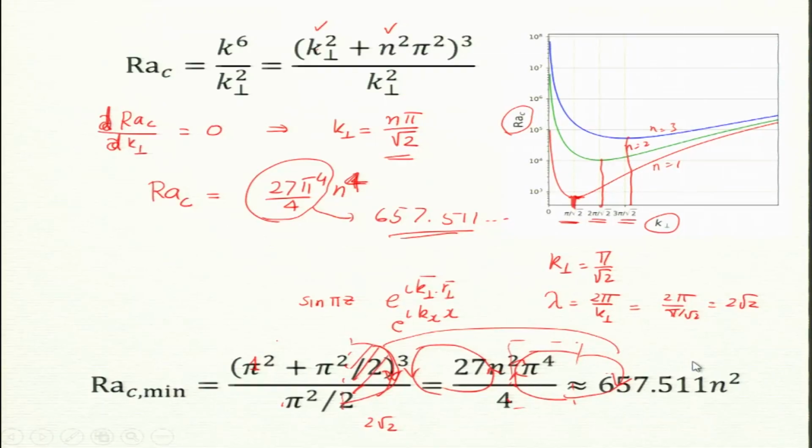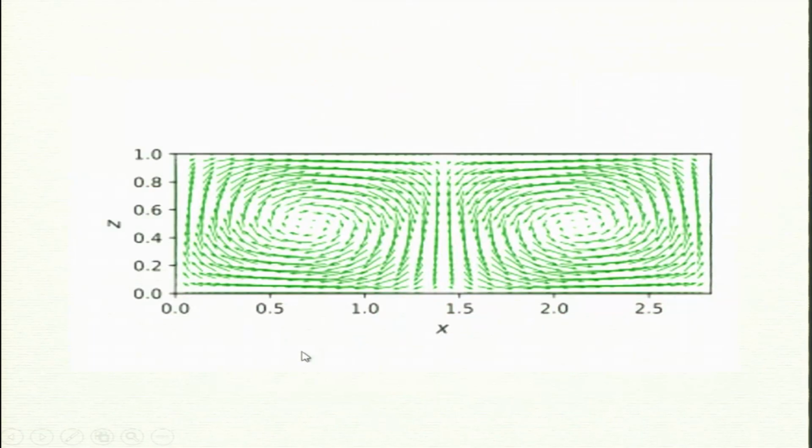So, this is what I had said, this is a typo, this should be n^4. Okay, so there is n squared, I missed n^4. This is generated from the computer.